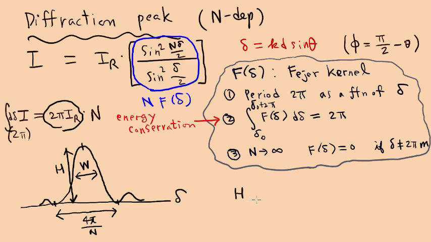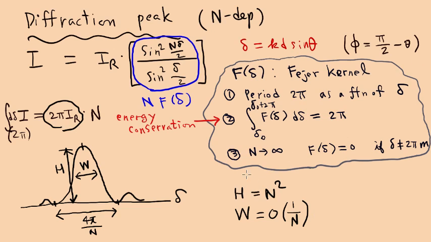Remember what it was? The height was actually n squared. And the width, you can define as the full width at half maximum, or the minimum distance like 4 pi over n. It doesn't matter. What's important is that the width is on the order of 1 over n. It scales as 1 over n.